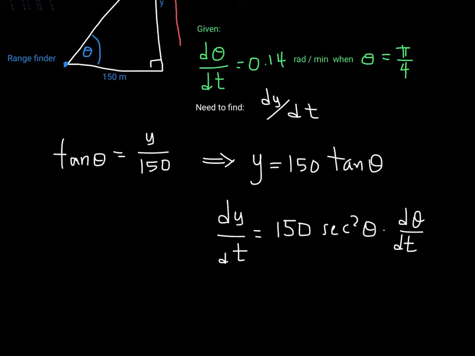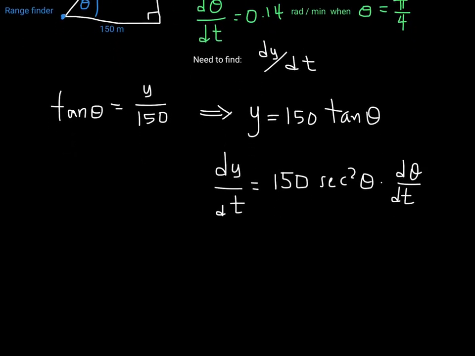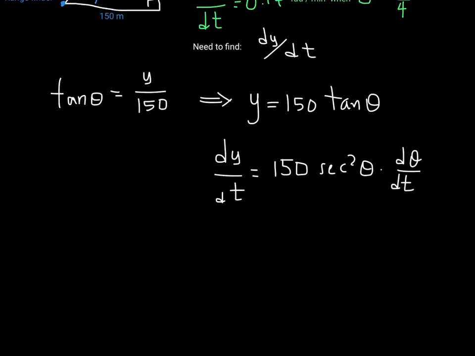Now what we want to do is evaluate this. They said when theta is pi over 4. So then this is equal to 150 times secant of pi over 4 squared times d theta/dt.